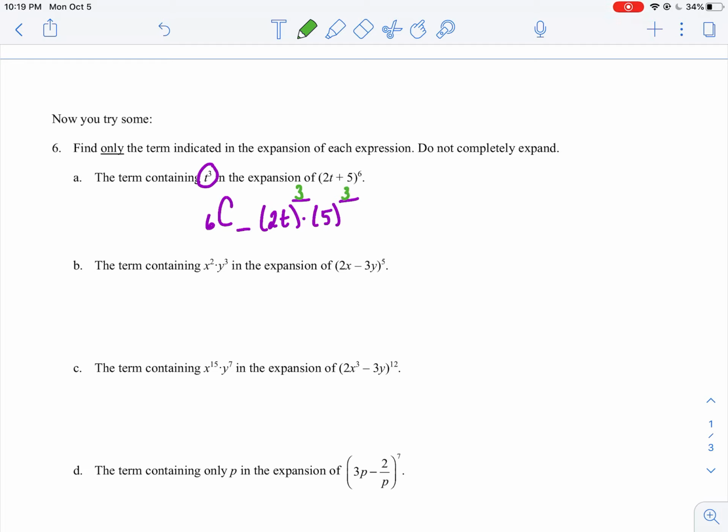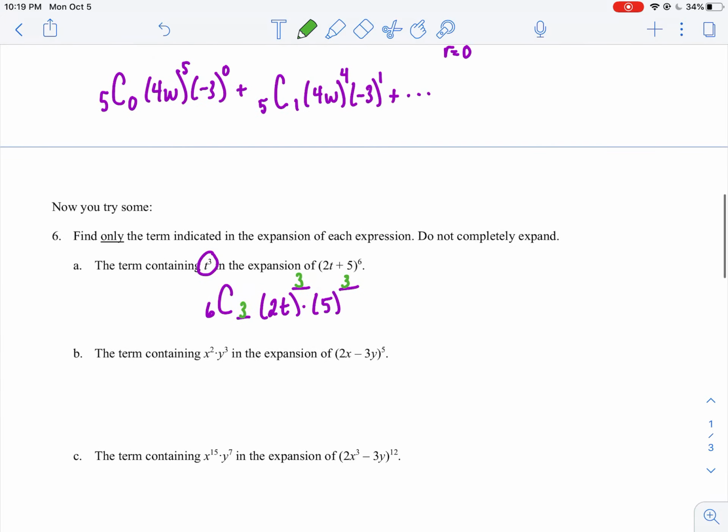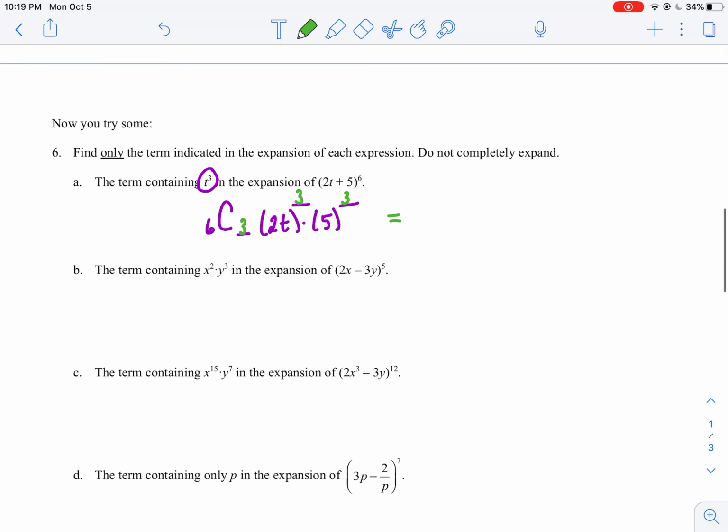So 3 plus 3 would give me 6. And once I now know that that's a 3 up there on the 5, then I now know that this is a 3 right here. So just like that, we know the power and everything that we wanted. So we do want to probably go ahead and multiply that out, so we know the full term.